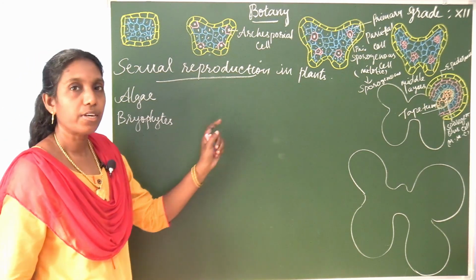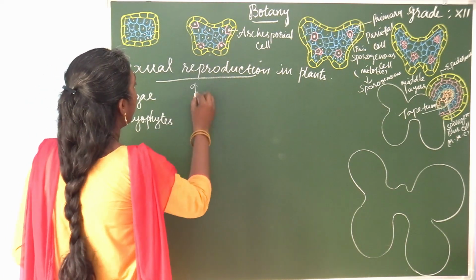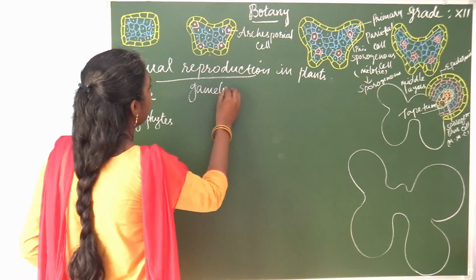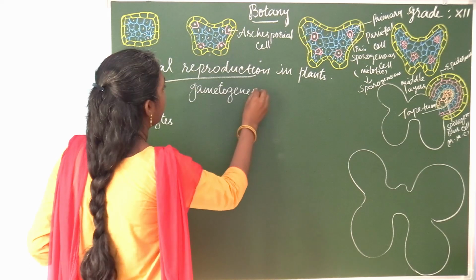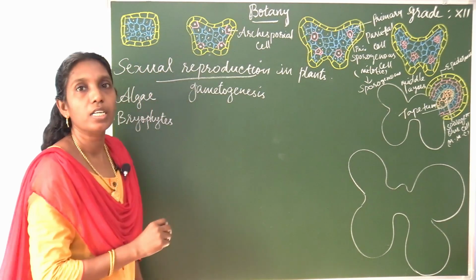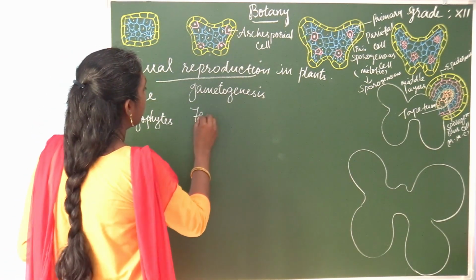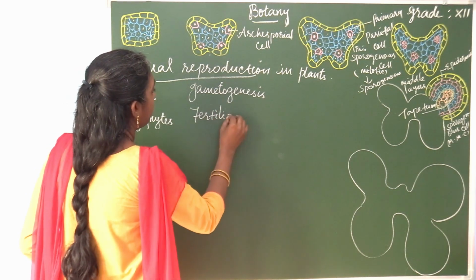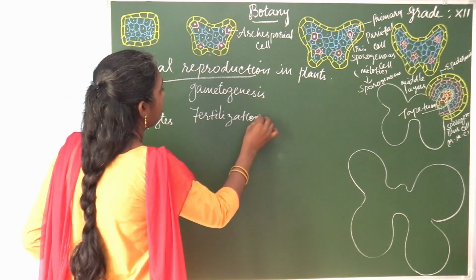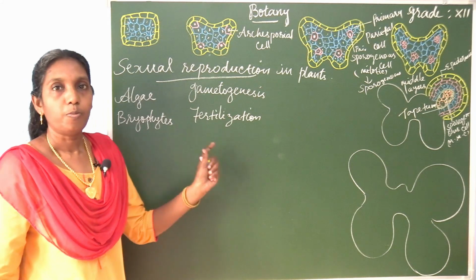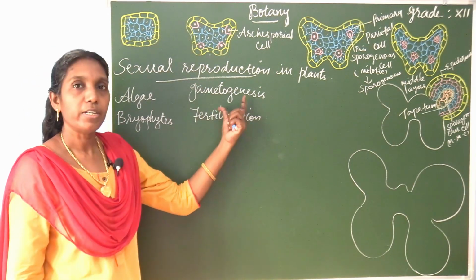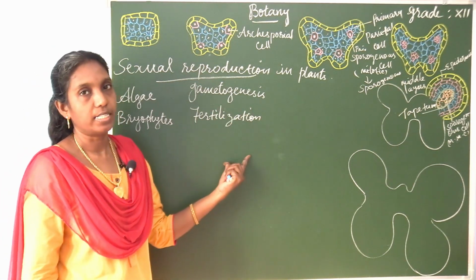The production of gametes is called gametogenesis, and the fusion is called fertilization.